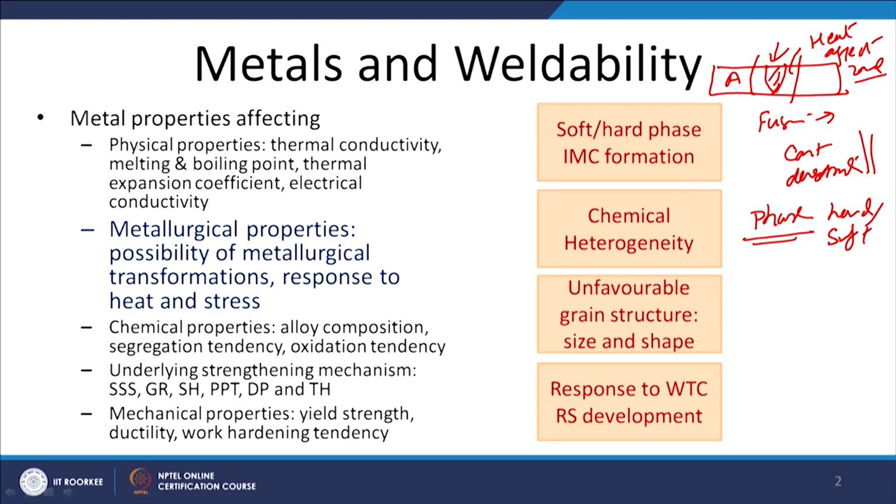So, formation of the soft and hard phases either in the weld metal or in the heat affected zone will lead to the hardening or the softening of the weld metal or of the heat affected zone. So, if hardening is taking place, then of course there will be an increase in strength and increase in ability of the material to take up the load, at the cost of the toughness and sometimes also at the cost of the ductility.